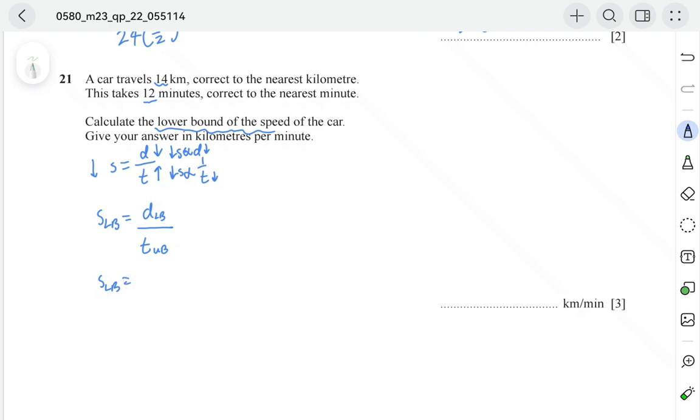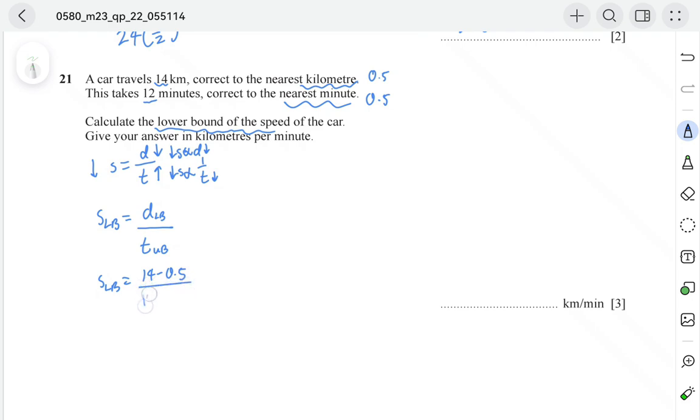So, nearest kilometer, we will take half of that, which is 0.5. Same thing for a minute, half a minute. And we will add or subtract it, depending which boundary we're trying to find. So for distance, we take 14, the lower bound, minus 0.5.